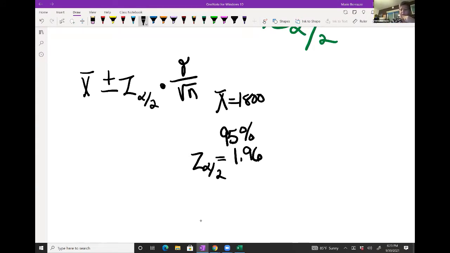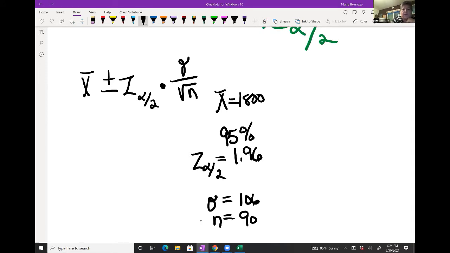We have x equals 1800, the standard deviation, you told us, was 106, and we have n, which is equal to 90, and z equals 1.96. That's alpha over 2. Yes, okay.